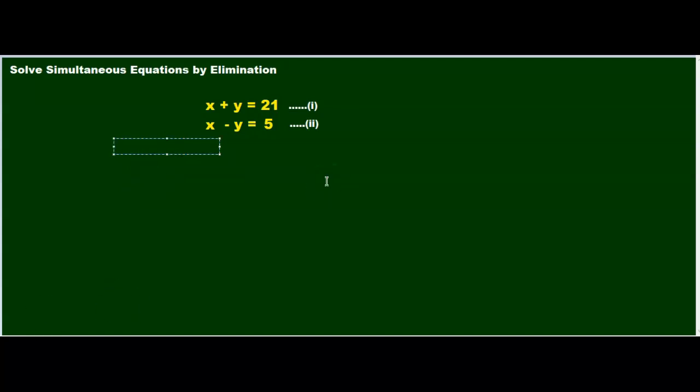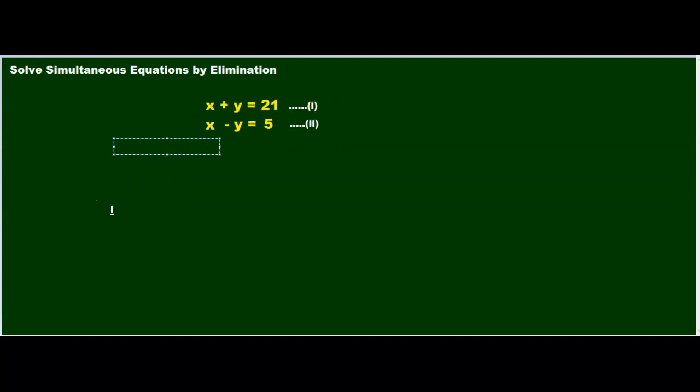When we're solving equations by elimination, it's as it sounds. We want to eliminate one of our variables. In this case, let's eliminate our y's because we have a plus y and a minus y. To do that, we can add or subtract our equations together. In this case, we're going to add along our columns.